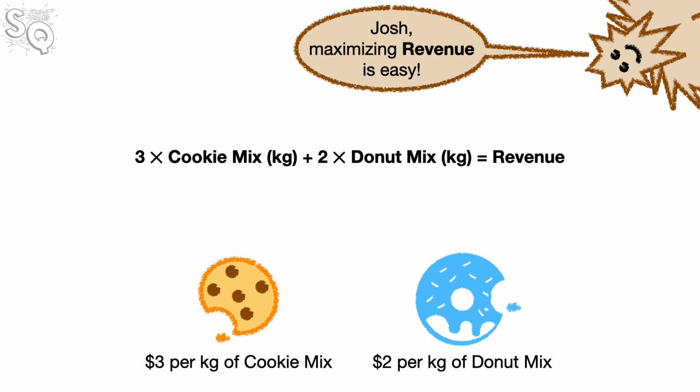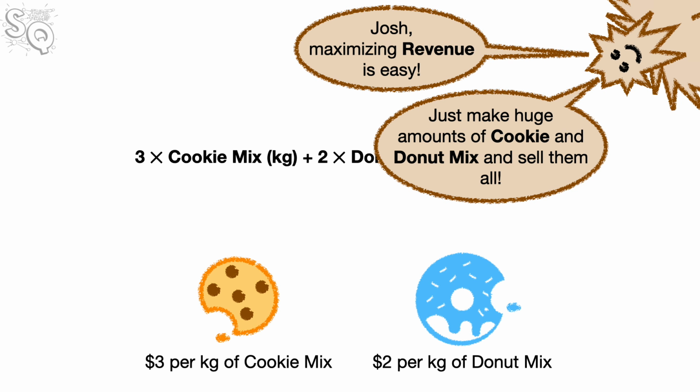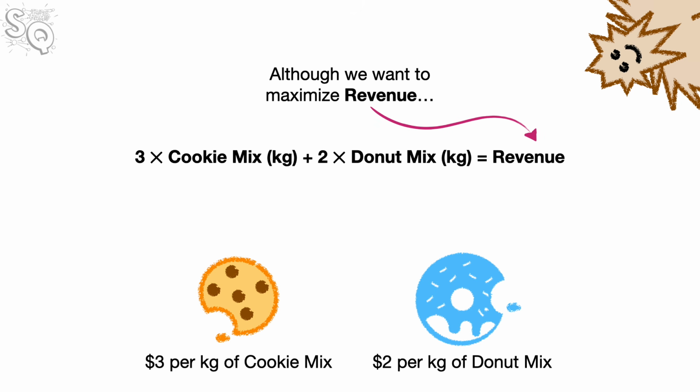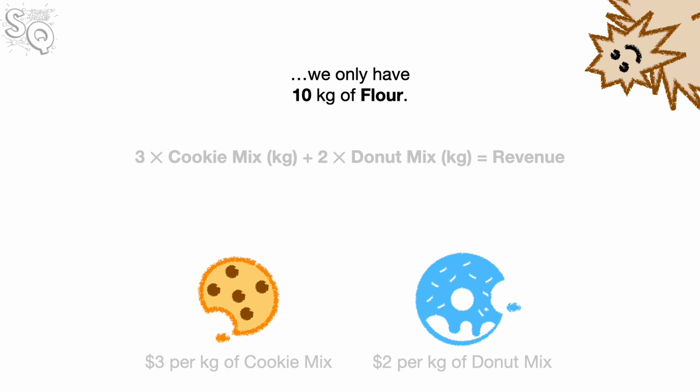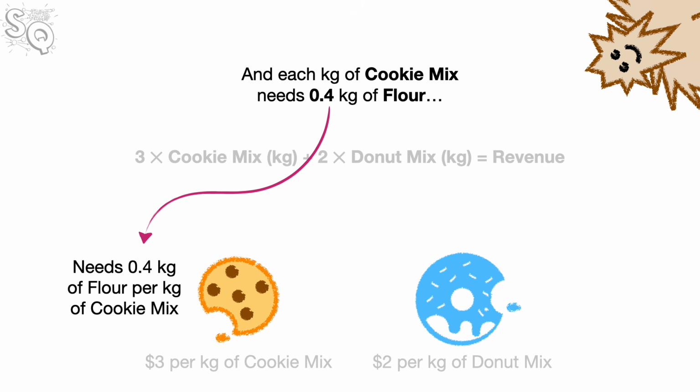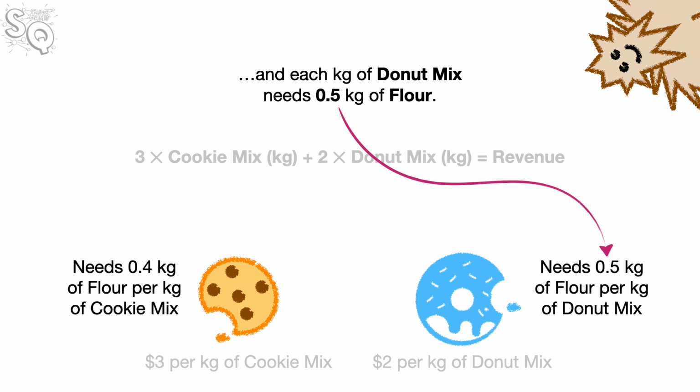Josh, maximizing revenue is easy. Just make huge amounts of cookie and donut mix and sell them all. Not so fast, Squatch. Although we want to maximize revenue, we only have 10 kilograms of flour. And each kilogram of cookie mix needs 0.4 kilograms of flour, and each kilogram of donut mix needs 0.5 kilograms of flour.